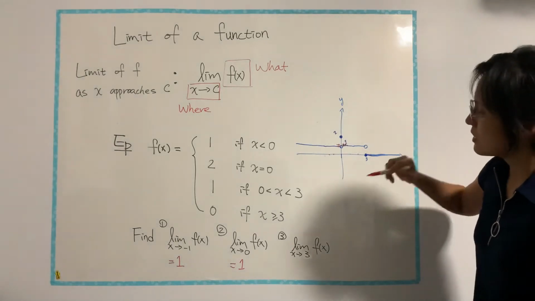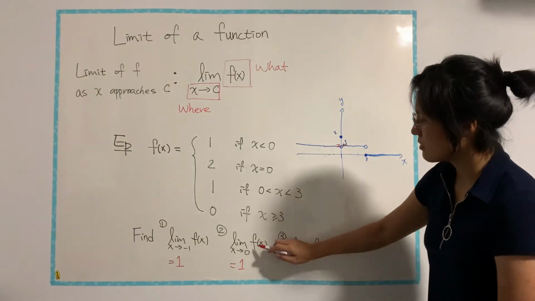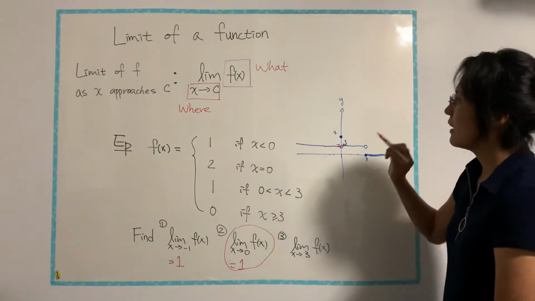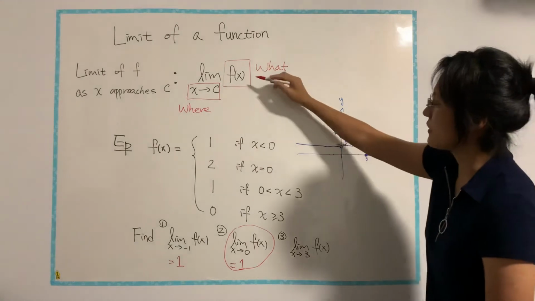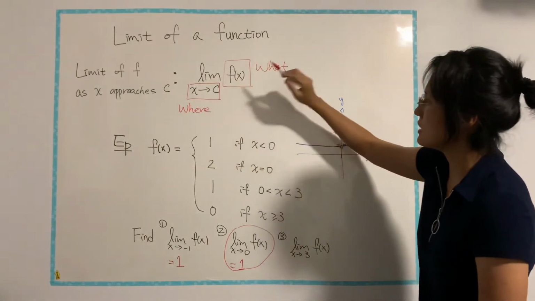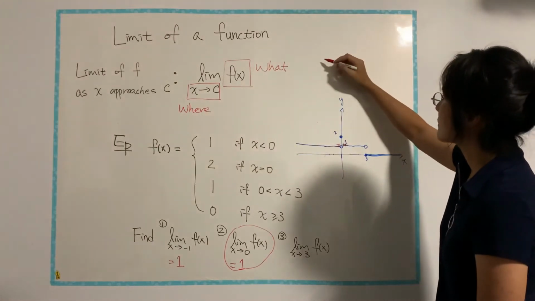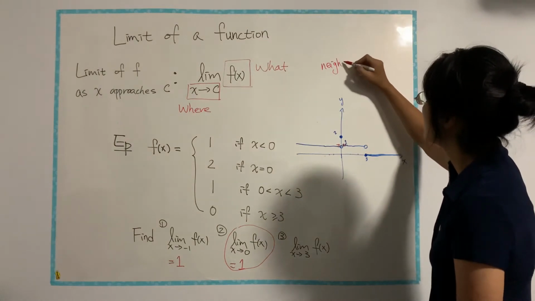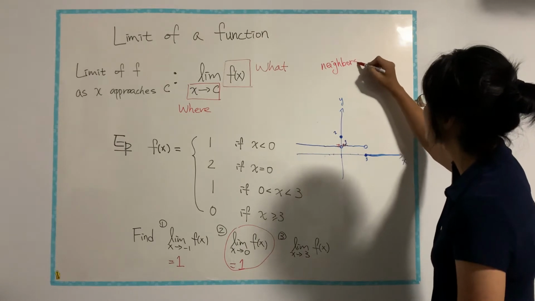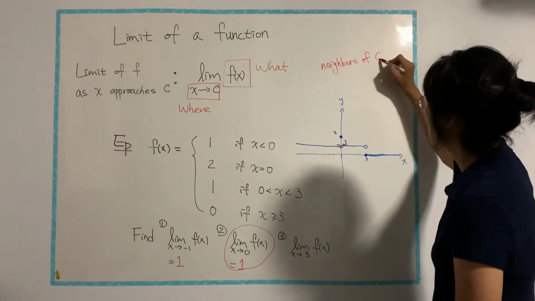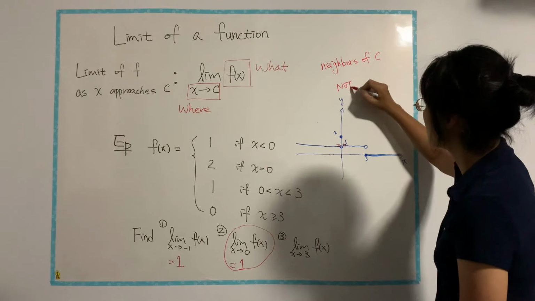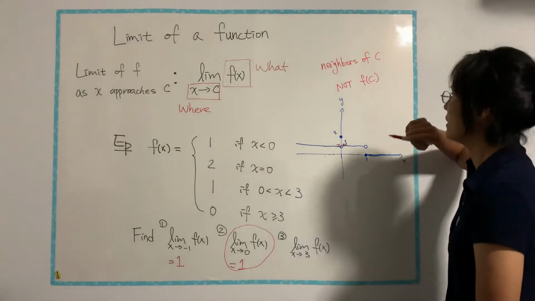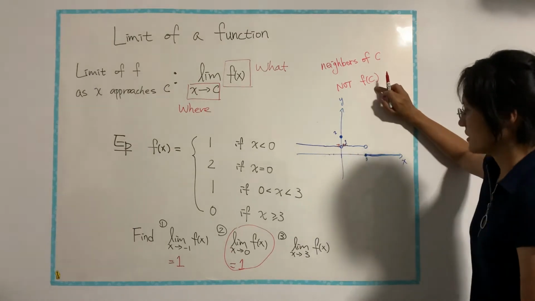So here is a good example that tells you the limit of f when x approaches c is about the function values of the neighbors of c. It's not about f at x equal to c.